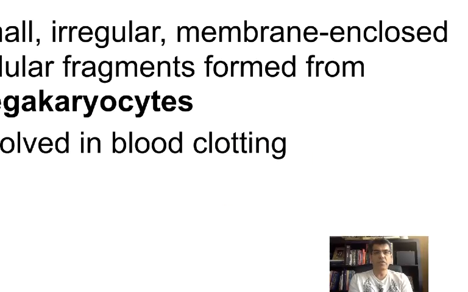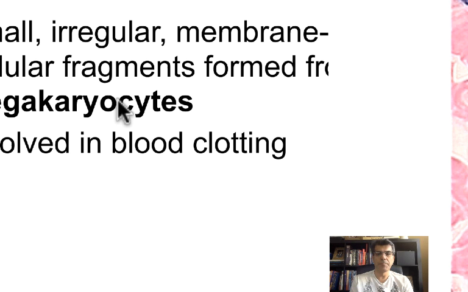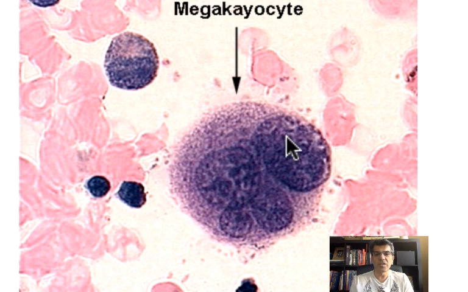And that is going to bring us to the last type of formed element in the blood, and that is called platelet. Platelet is not a cell either. Platelet is a fragment of a big cell called megakaryocyte. Let's take a look at this one. This is a megakaryocyte. It's found in the bone marrow. A platelet is a small piece of this one.